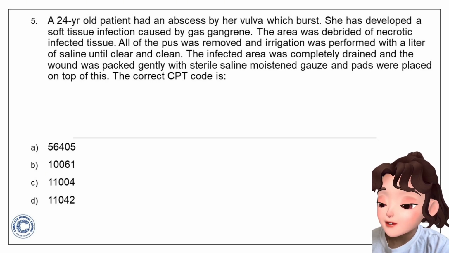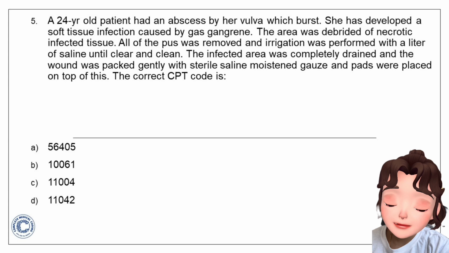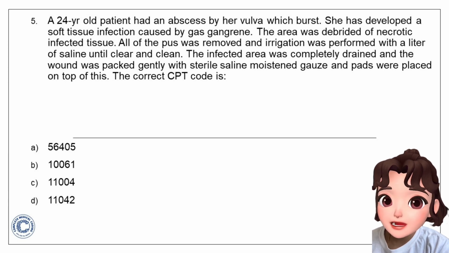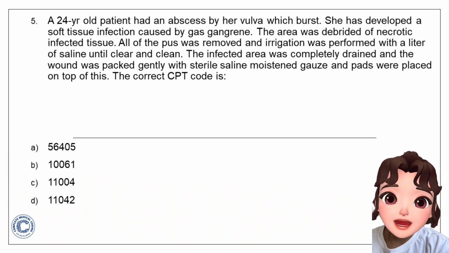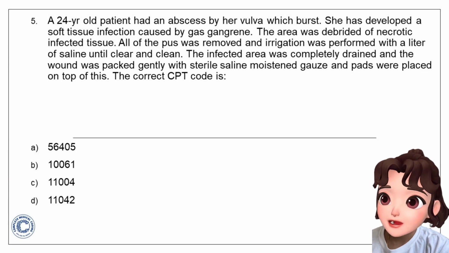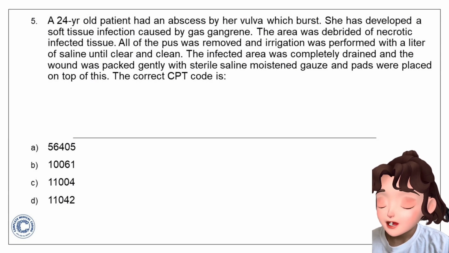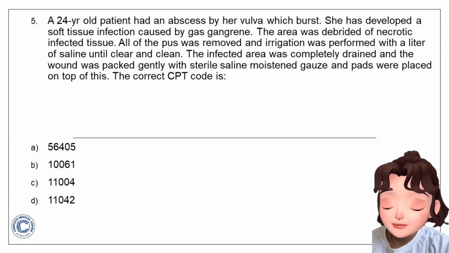11004: debridement of skin, subcutaneous tissue, muscle and fascia for necrotizing soft tissue infection, external genitalia and perineum. This is the area, external genitalia. The vulva is external genitalia. So that is the answer, option C, 11004. Let's go to option D also, 11042. What is 11042?